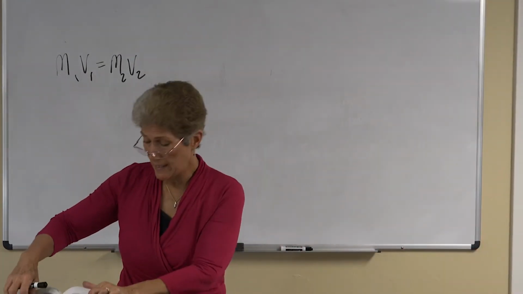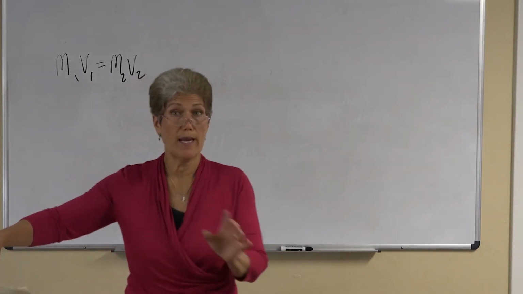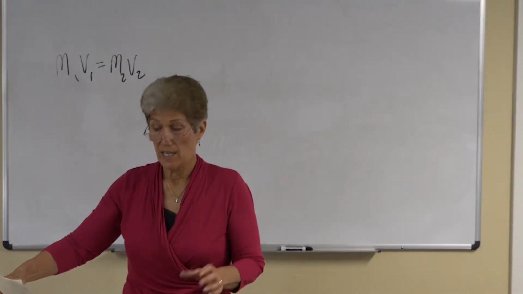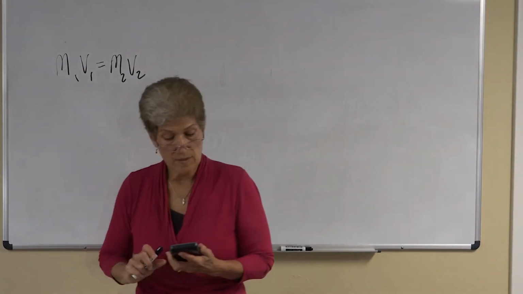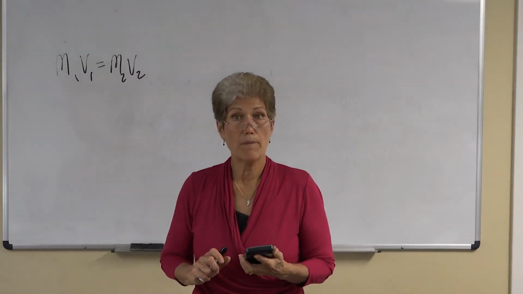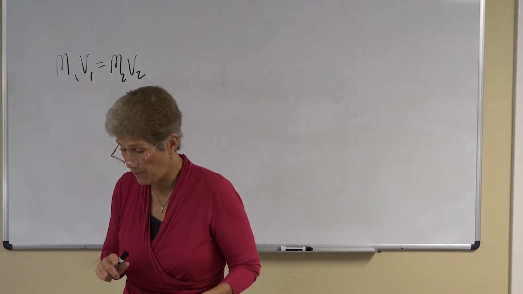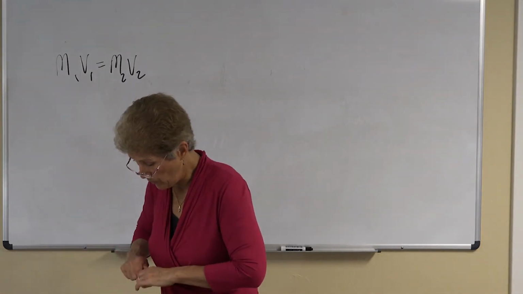Now, when I did number 8 my way, M1V1 equals M2V2, because of significant figures, I got a different answer than he did. My answer was 65 mils. His answer is 63 mils, and it's because of him doing it the other way. So let's do it his way too.